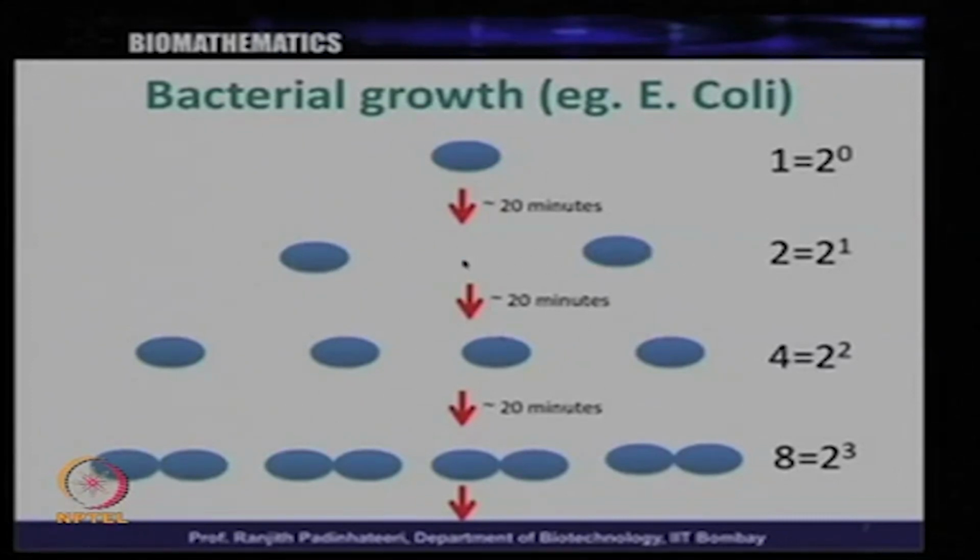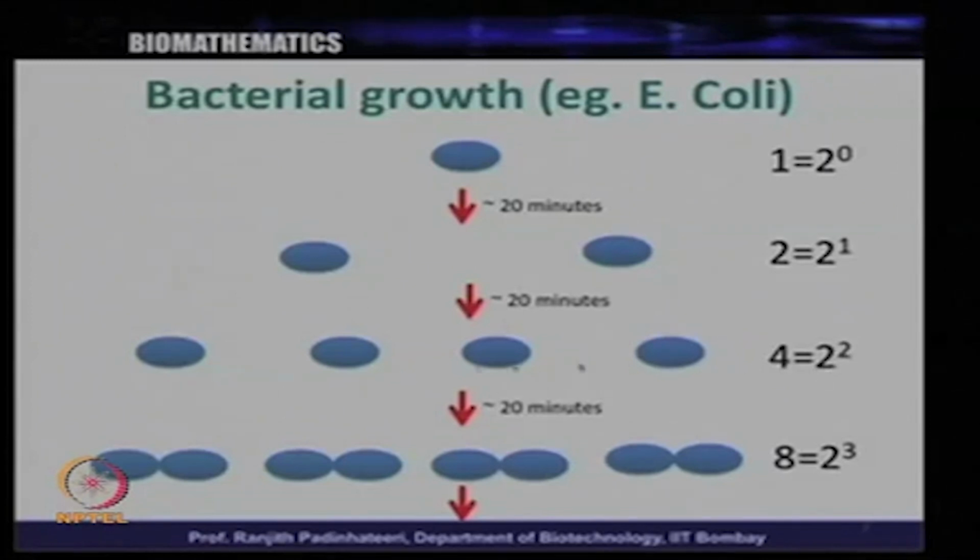Now, in the second generation, if you wait another 20 minutes roughly, you will get 4. This will divide into 2, this will divide into 2. So, you have 4, which is 2 power 2, the second generation. Everything is divided into 2, and this power is for the generations.